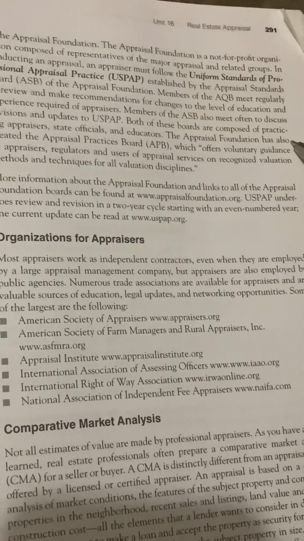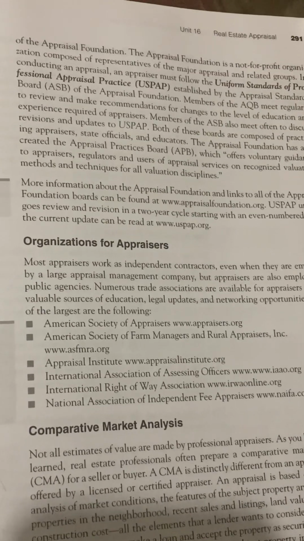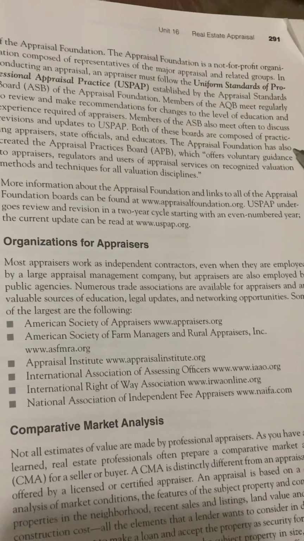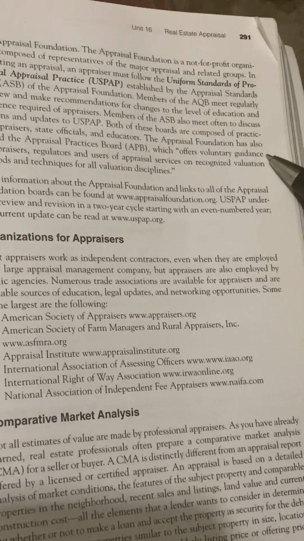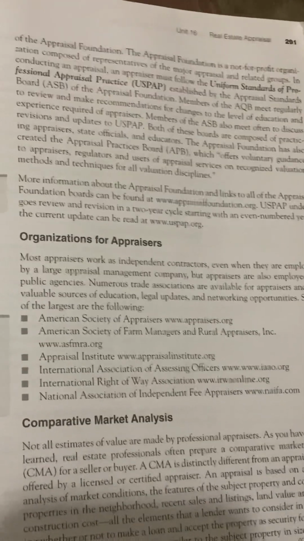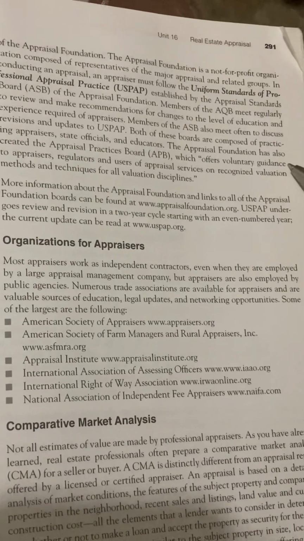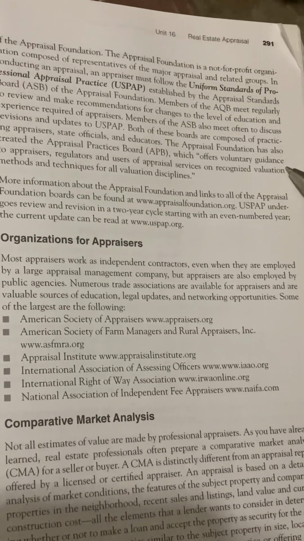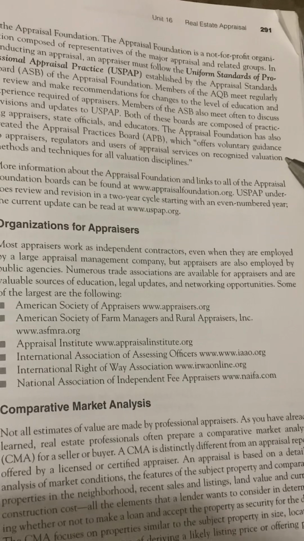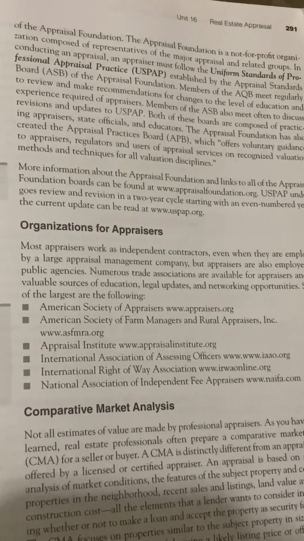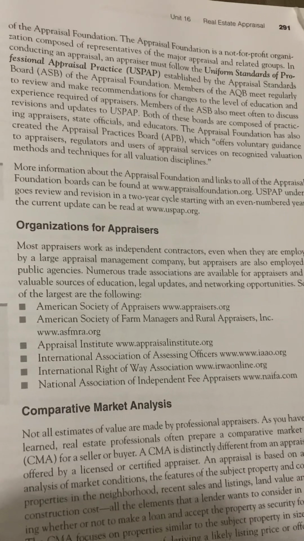The Appraisal Foundation has also created the Appraisal Practices Board, APB, which offers voluntary guidance to appraisers, regulators, and users of appraisal services on recognized valuation methods and techniques for all valuation disciplines.